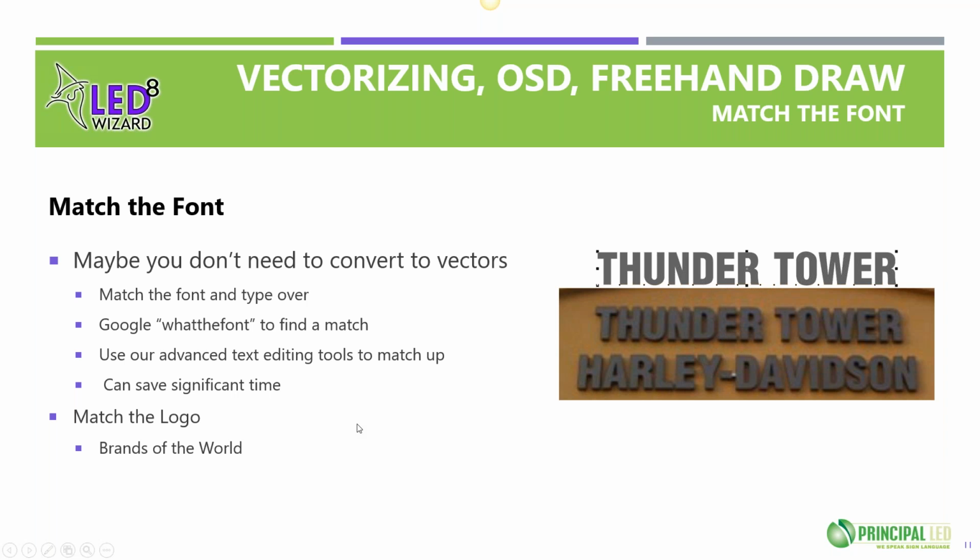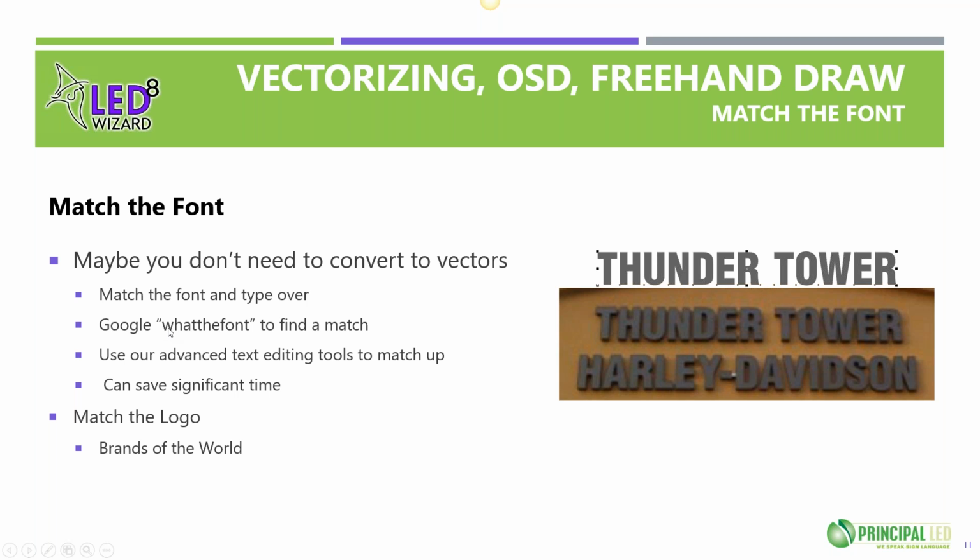Notwithstanding any of the other tools and anything that I've discussed so far, if you have a channel letter set and you think you can match the font, that's going to be faster, and pretty much in every case, if you can get a clean match. We have LED Wizard fonts, some Sign Wizard fonts in here, and of course as many TrueType fonts as you can get onto your system.